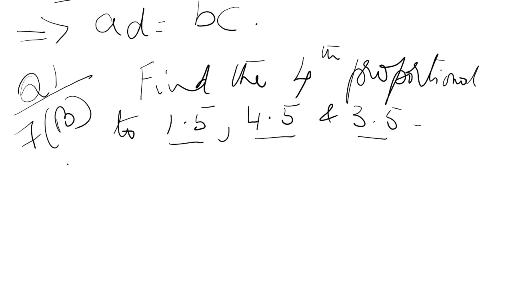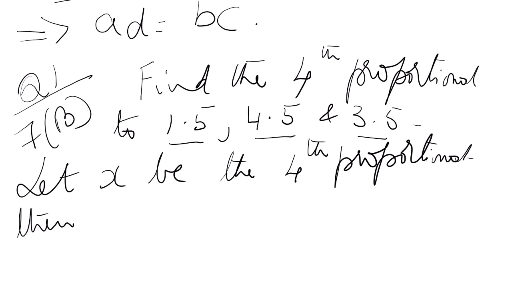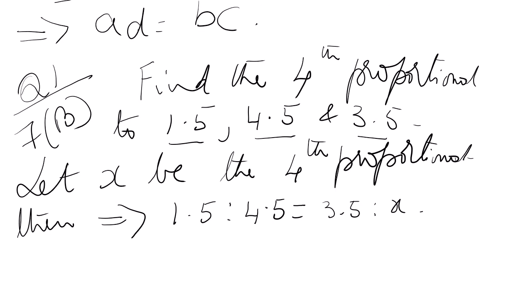We need the fourth proportional. So let x be the fourth proportional. Then it implies 1.5 is to 4.5 is equal to 3.5 is to x.